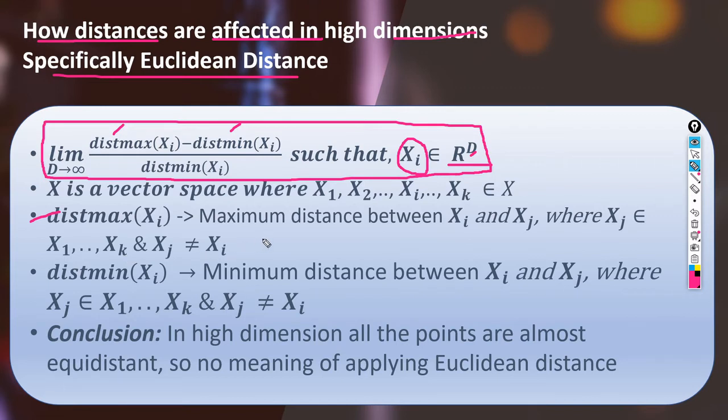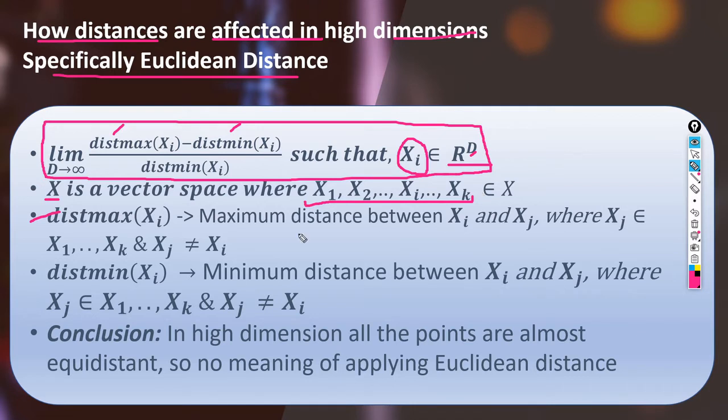Say X is a vector space where we have k individual vectors, and x1, x2 till xk are the points in the space. Say it is a 2D space, and all these vectors are two-dimensional vectors.